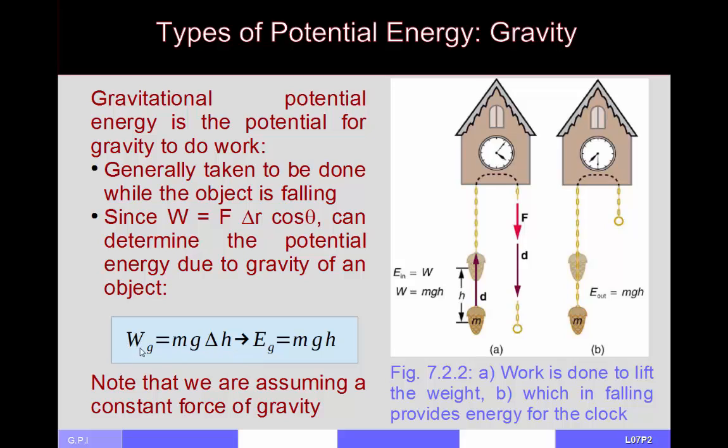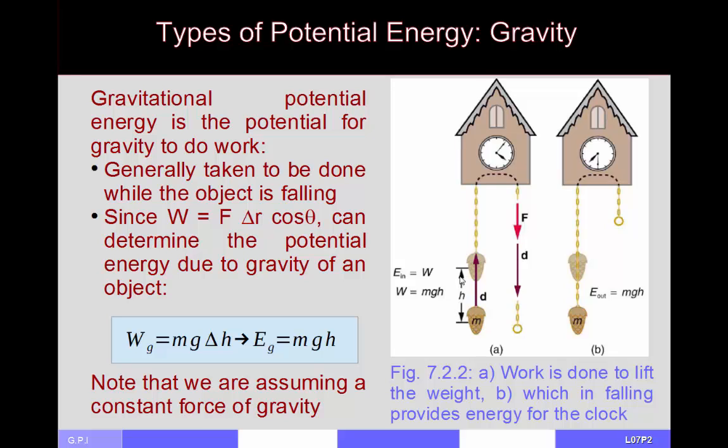And again, when you look at work done by gravity, it's m times g times delta h, and this is the key to why it doesn't matter where you pick your reference height, because we're usually going to use this in the context of a problem in which the height has actually changed. And so the change in height is the same whether you took the reference height to be here at the floor or here at the ground outside or here at the bottom of the motion.